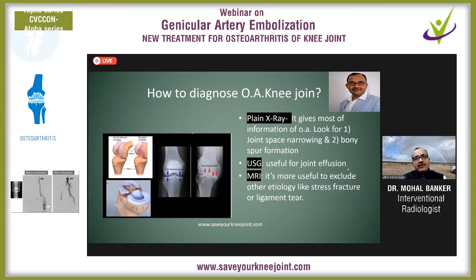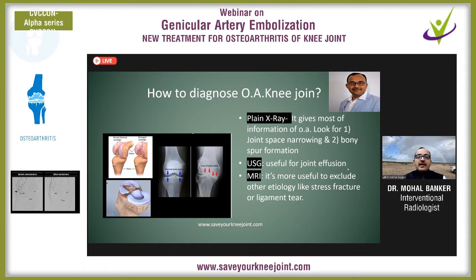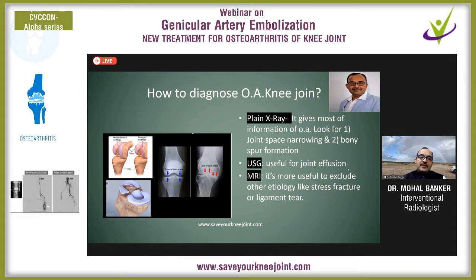It's very easy to diagnose osteoarthritis. Even a plain X-ray gives lots of information. By recognizing the joint space narrowing, we can diagnose that an osteoarthritis process is going on. Even the staging is very accurately done on a plain X-ray. But USG and MRI are also very important modalities. By using power Doppler, we can define the hypervascularity of the synovium.